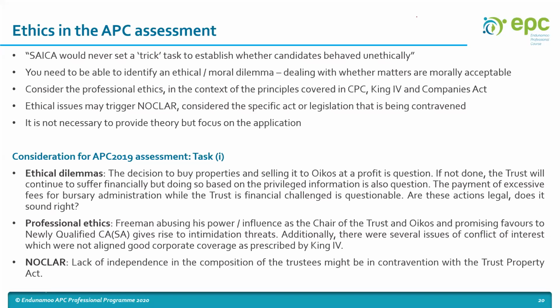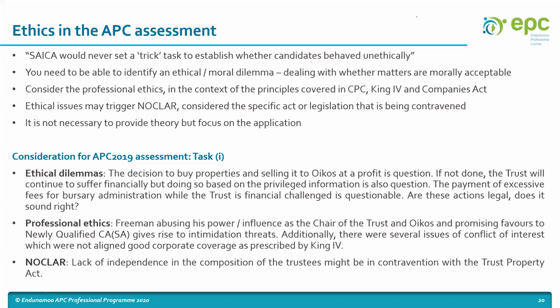remember what Sections 75 and 76 of the Companies Act tell us as directors to do? Acting in the best interest of the company, putting forward the best for the company. As a result, you are also in contravention of a relevant principle in the King Code.